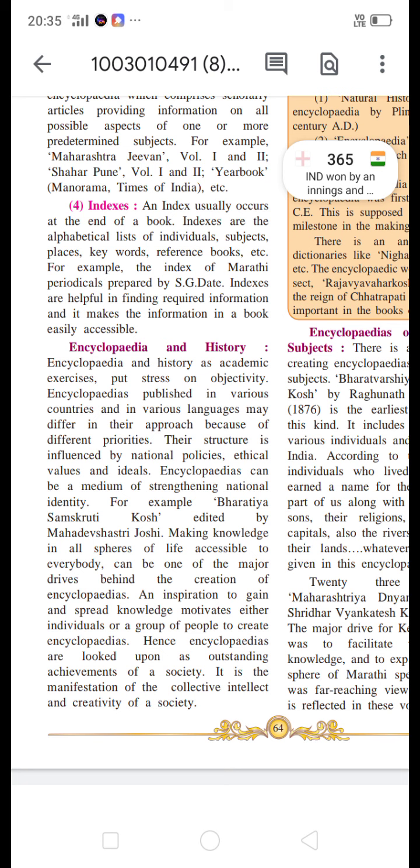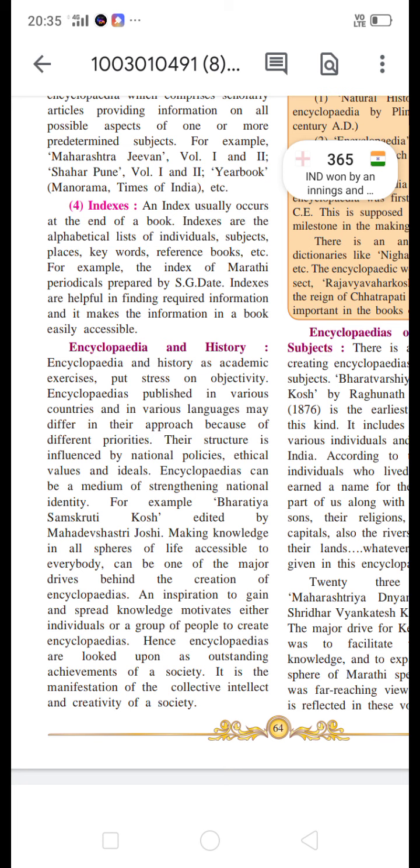Hence, encyclopedias are looked upon as an outstanding achievement of a society. It is the manifestation of the collective intellect and creativity of a society.